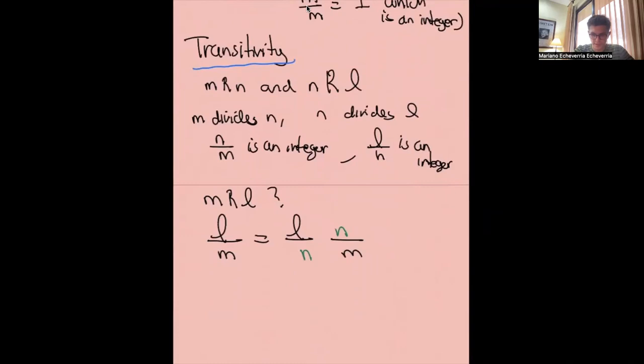So this is an integer. This is also another integer by hypothesis. And so the product of two integers is an integer, right? So this should be an integer as well. Is that making sense?